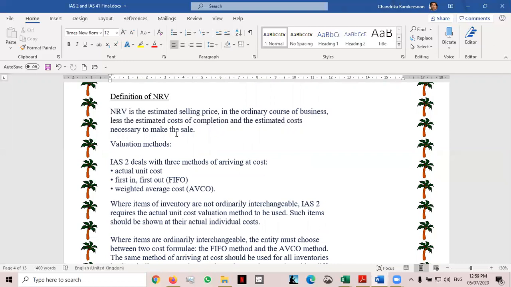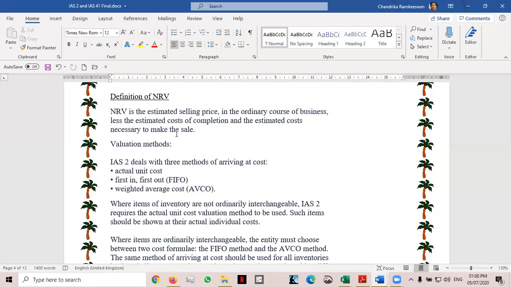So if the selling price in the normal course of business of an item is say $100, and the cost to complete the item, say it hasn't been completed, of course, but it has to be valued and presented under inventories, perhaps as work in progress, less any cost needed to finish it up, and any cost necessary to actually make the sale.